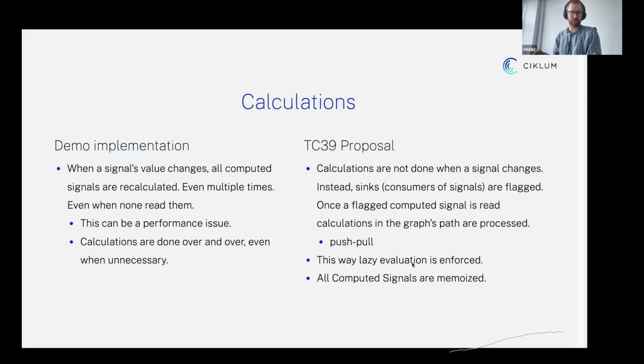But when we increase by 2, then from 2 to 4, the result is still the same. So we don't need to run the effect again, or maybe in an effect it would make sense, but definitely not in a computed signal, because the value is still the same. You don't need to do the calculation again to get the same result. So this is where it's handy to memoize it.